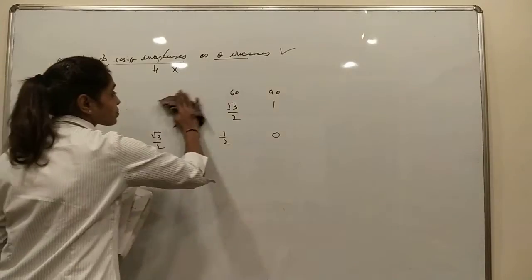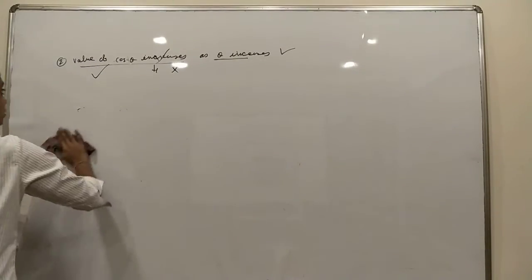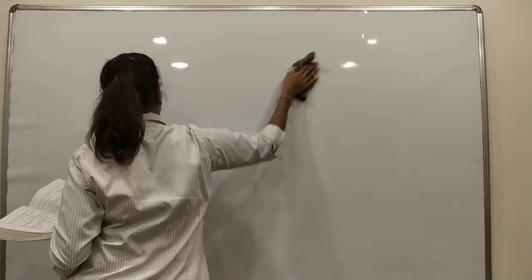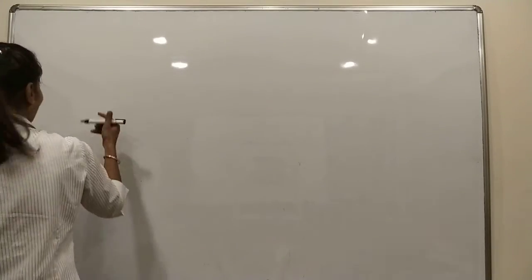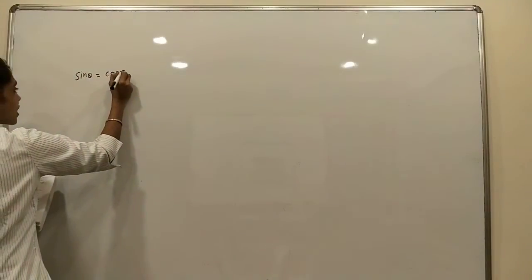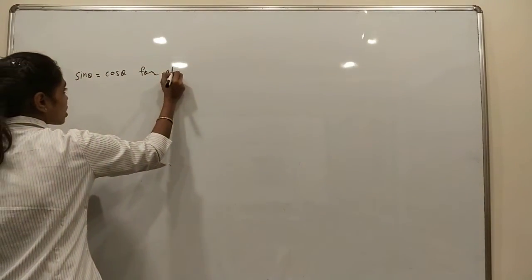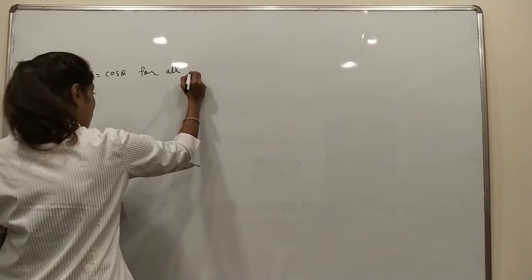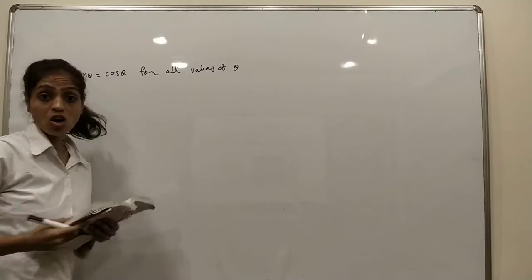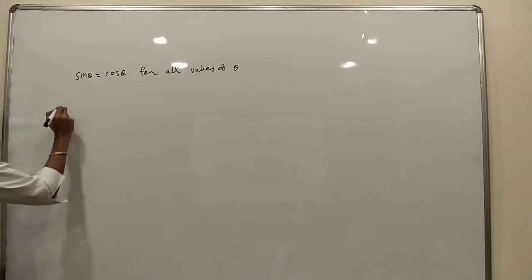Number 4. Sin theta equal to cos theta for all values of theta. Wrong. For all values of theta, let theta be 30.